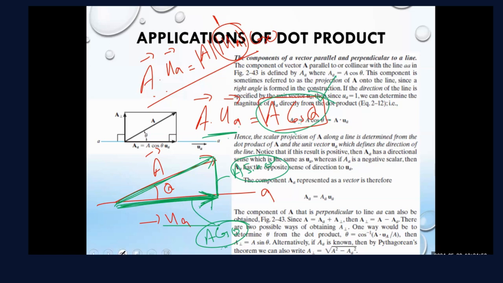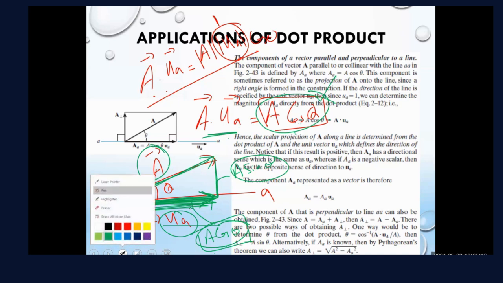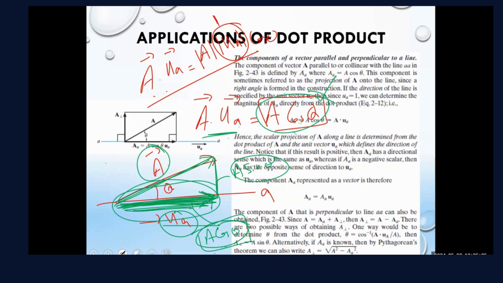Now again, think very carefully about what I'm saying. If you know the vector A and you know the unit vector, I can calculate the projection, what this highlighted vector is. This is a tricky concept, but you will see that it will be used a lot in problem solving. When I know a force vector and its axis unit vector, I can calculate the component of the force on that axis, right?